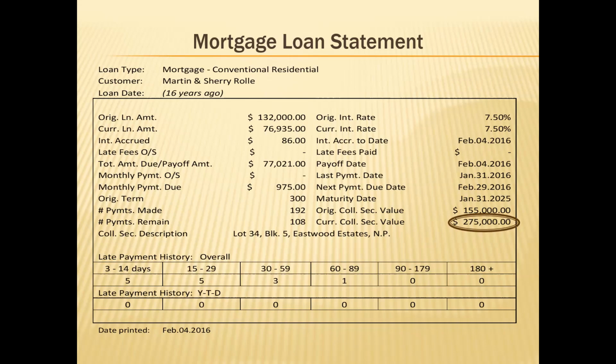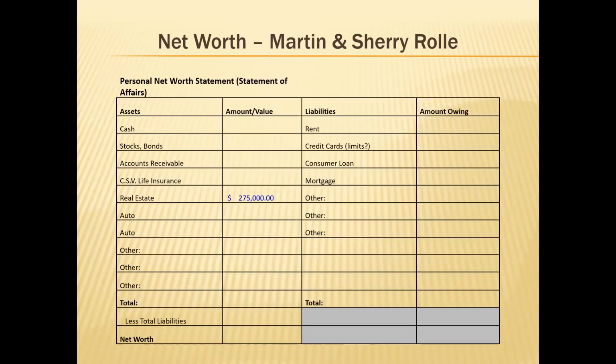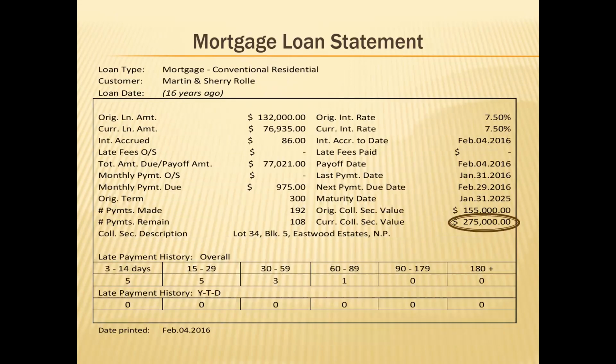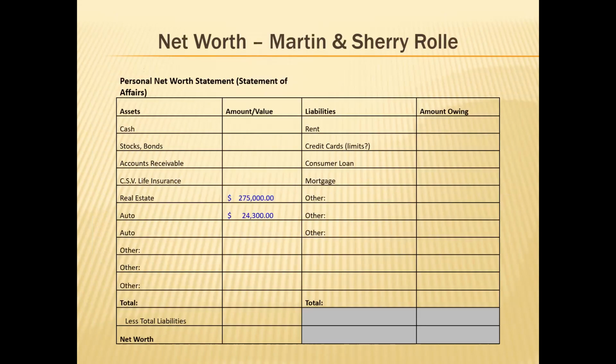We got the real estate. Are there any other assets from the narrative? Car, okay. And what is the current value on the car? 24,300. You faded away. 24,300. Yes. Okay, so 24,300 again.